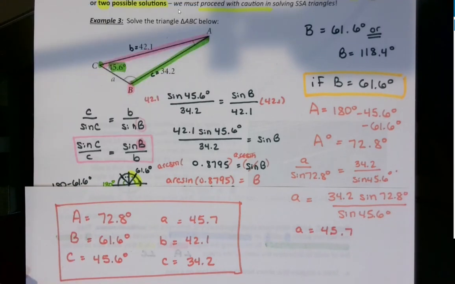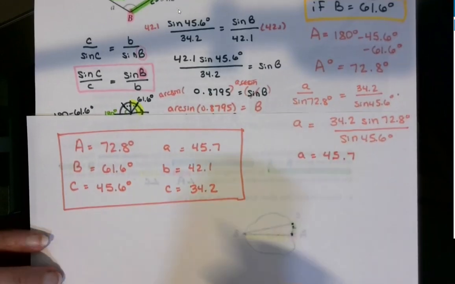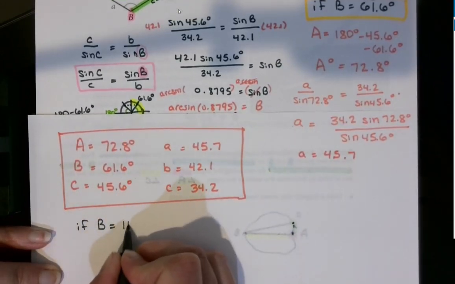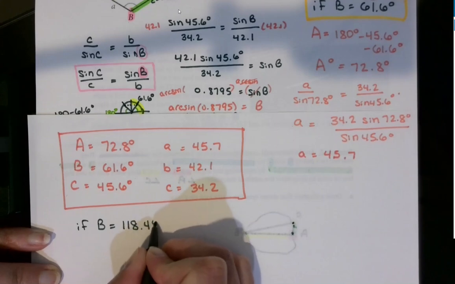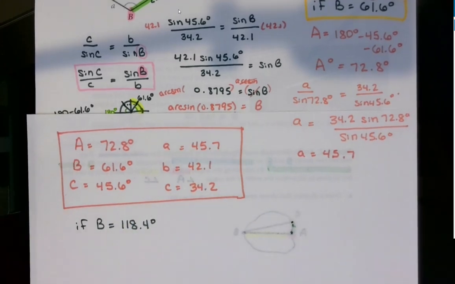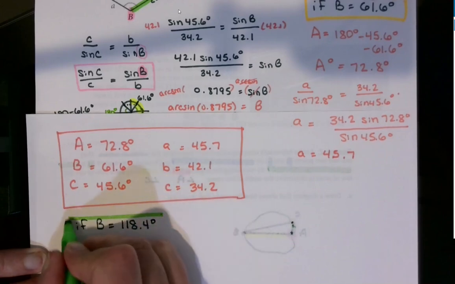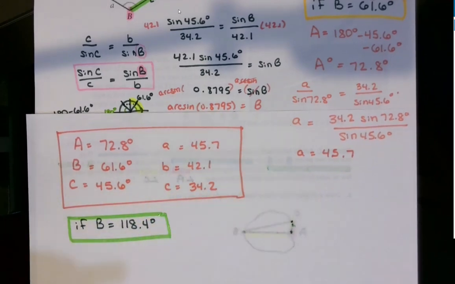Now we are going to look at solving this in the case where B instead is the 118.4 degrees. So we're going to solve this case. What if instead B was 118.4 degrees.